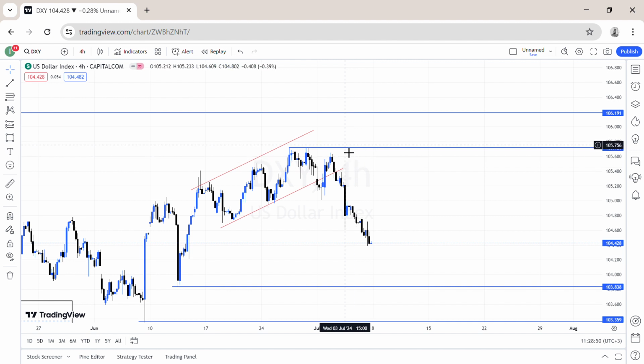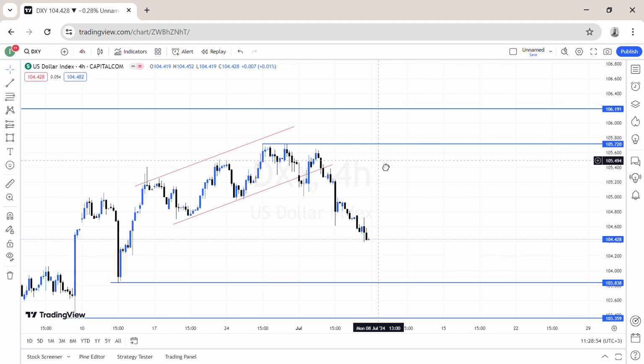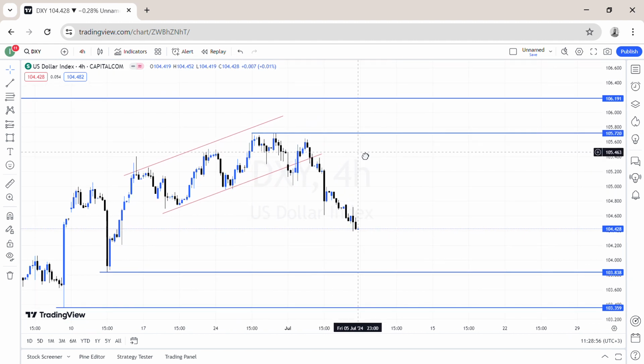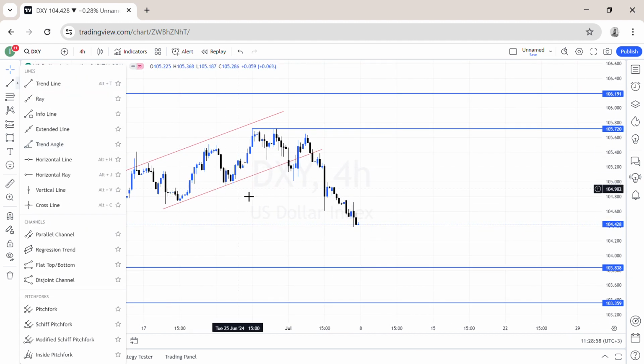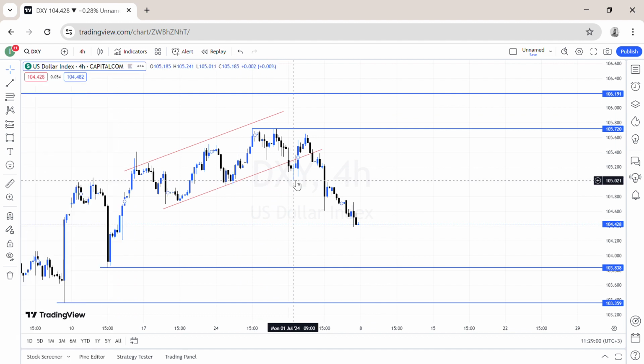But we can see that the price didn't go to these highs. The price came down and changed the character right there. That was a change of character. So that was a market structure shift.